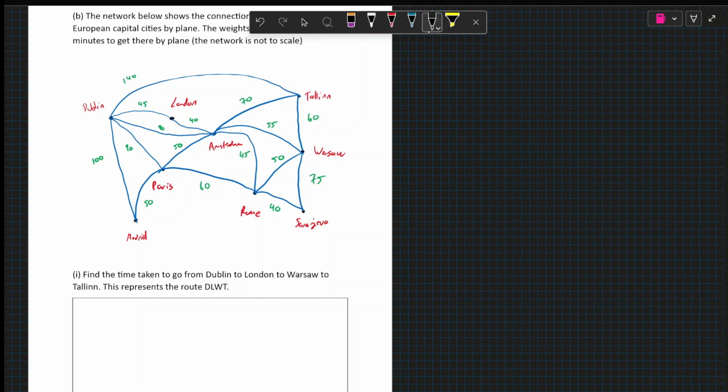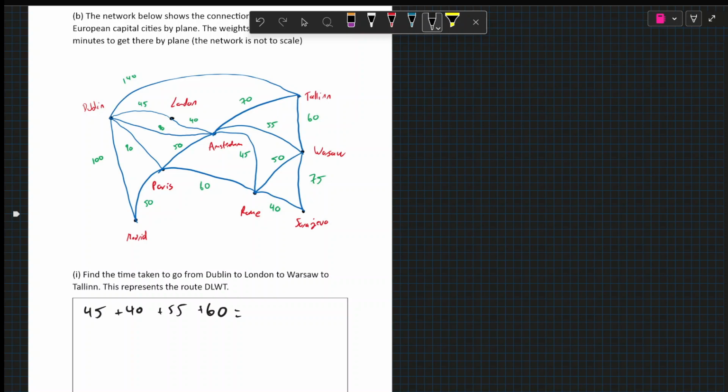So, your reference field. Dublin to London is 45. London to Warsaw, we can't do directly, so to get to Warsaw we might have to go through Amsterdam because there's no other quick connection. Then we go to Warsaw, which is 55, and then to Tallinn is another 60.